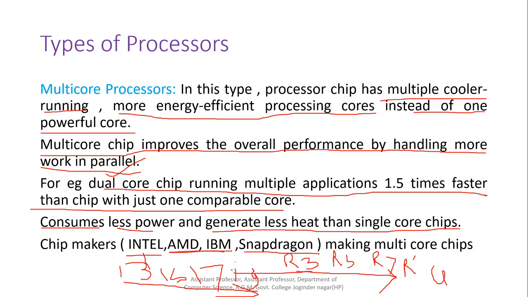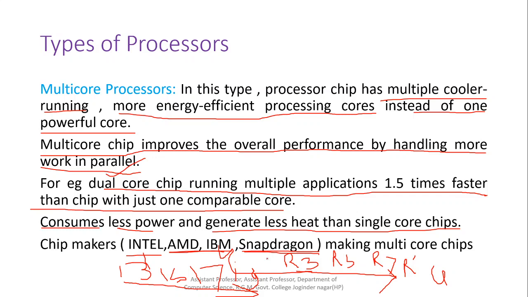Similarly, we have processors from IBM. We also have processors made by Snapdragon that are mainly used in our mobile phones, like the Snapdragon 400 series, Snapdragon 600 series, and Snapdragon 800 series.